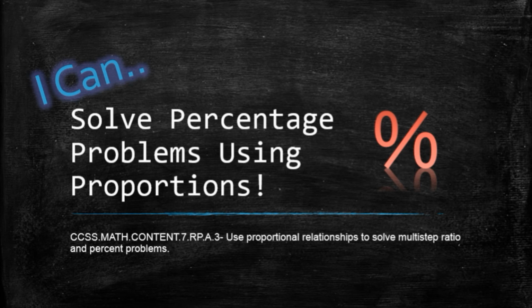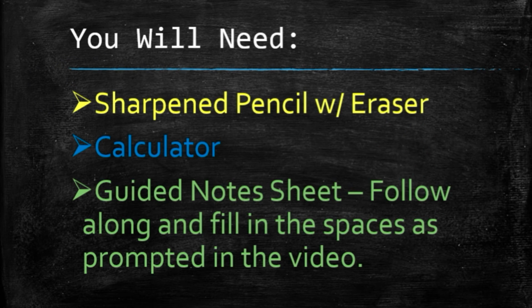For this lesson, you are going to need a sharpened pencil with an eraser, a calculator, and your guided notes sheet. For your guided notes sheet, there have been spaces provided for you to follow along, fill in the spaces as you're prompted in the video. There are also spaces available for you to go ahead and solve each problem that we go through here on your piece of paper on the guided notes.